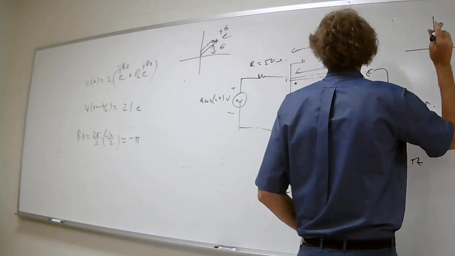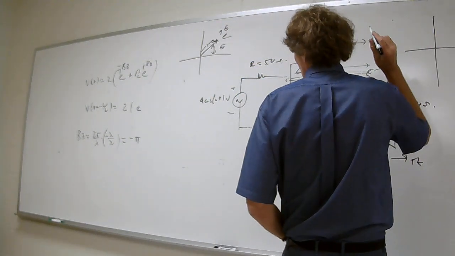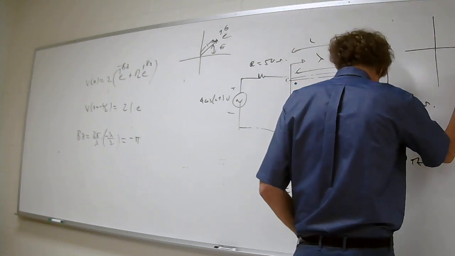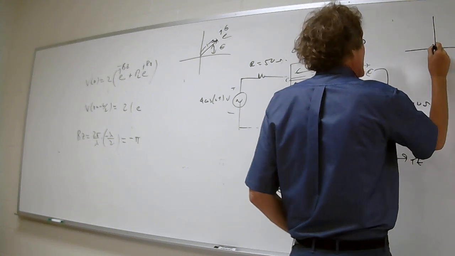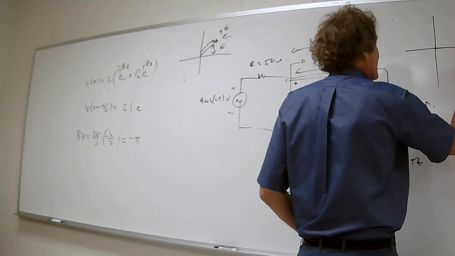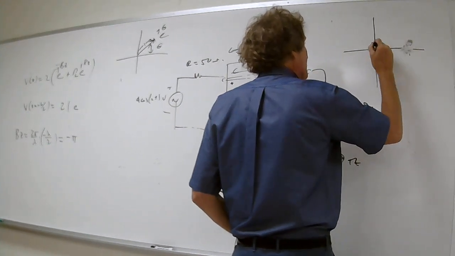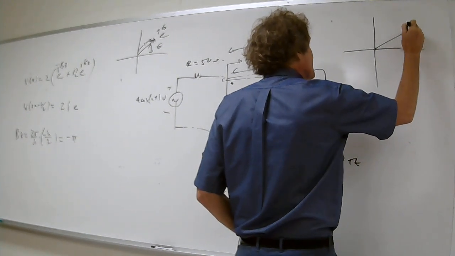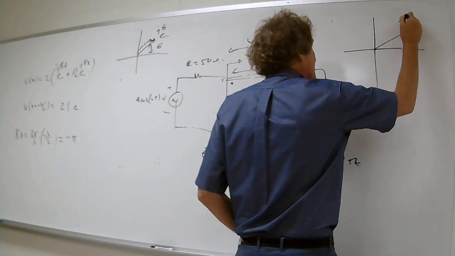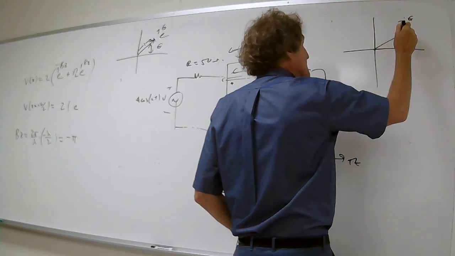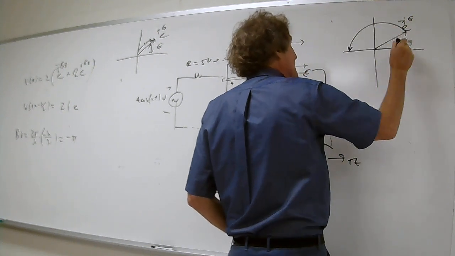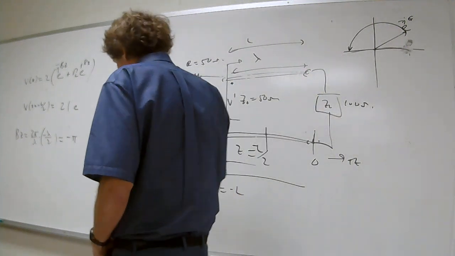Actually, I'm going to put it this way. Hold it. Sorry. I think I made a mistake here. If this is E to the minus J theta, if this is pi, it's right here, so it's actually minus 1. I'm so sorry about that.